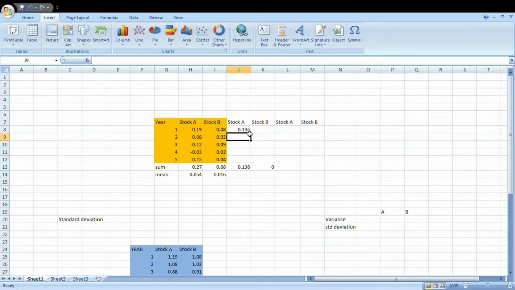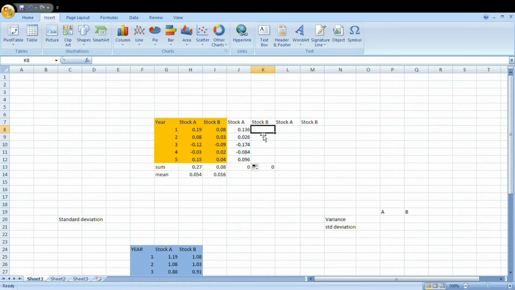Then enter, and as you see, we get the first difference value of stock A. Now we simply drag the cursor down, and we get all the difference values of stock A. Keep in mind the sum of the differences of the stock values must be equal to 0.